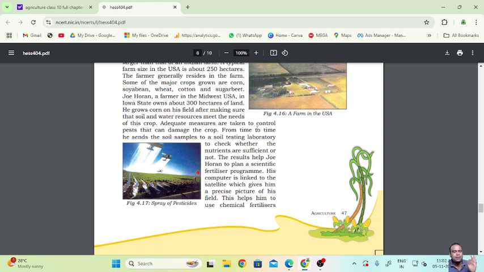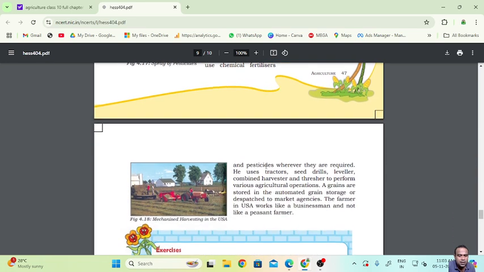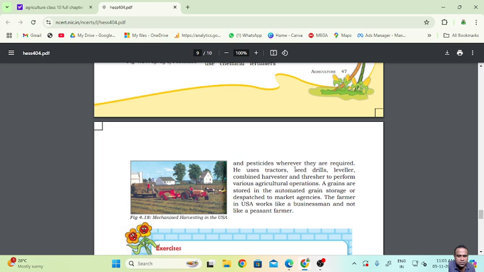From time to time, he sends soil samples to a soil testing laboratory to check whether the nutrients are sufficient or not. These results help Joe Horan to plan a scientific fertilizer program. His computer is linked to a satellite which gives him a precise picture of his field. This helps him to use chemical fertilizers and pesticides whenever they are required.